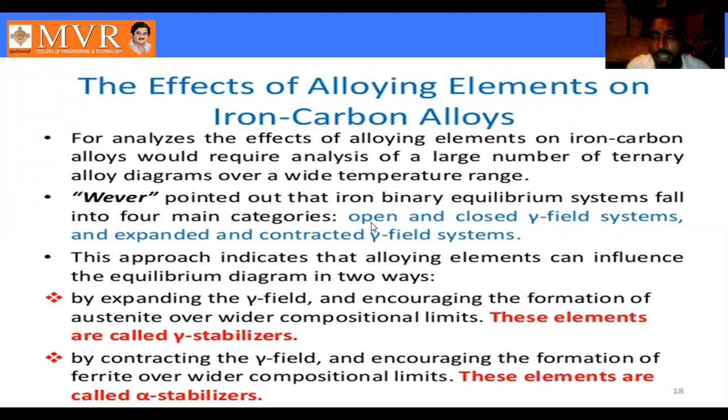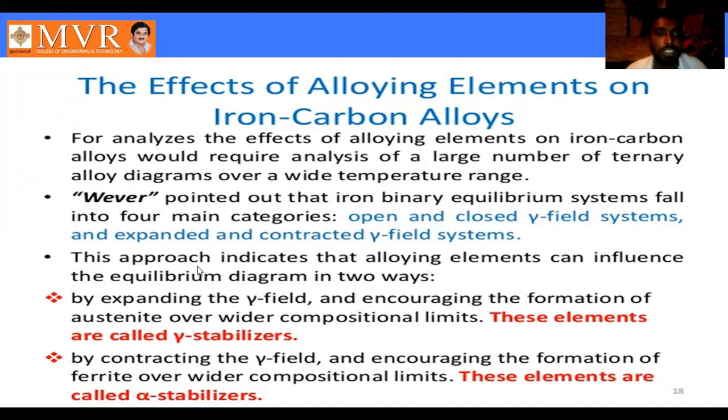Open, closed, gamma field systems, and expanded and contracted gamma field systems. First one is open field systems, closed systems, gamma field systems, and expanded and contracted gamma field systems. These four types of categories we can see in the binary equilibrium systems.